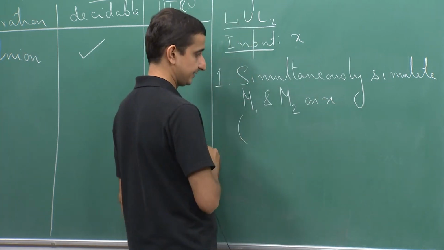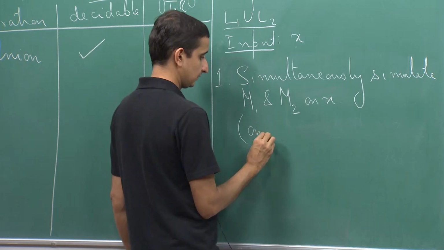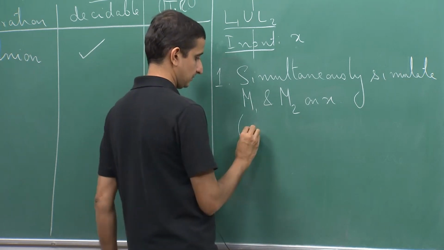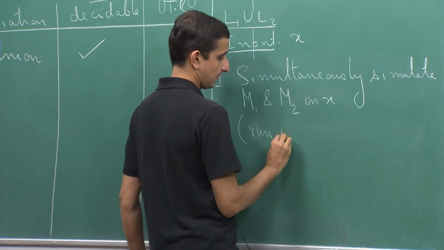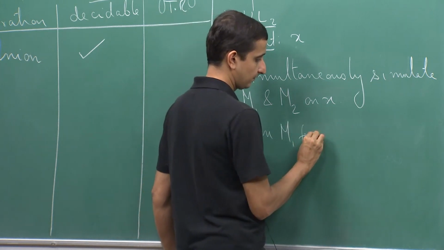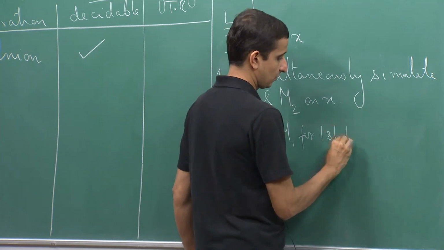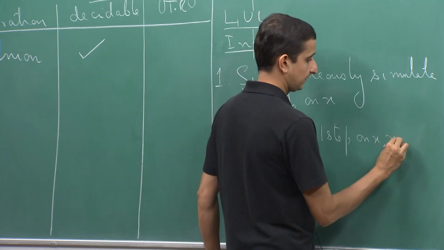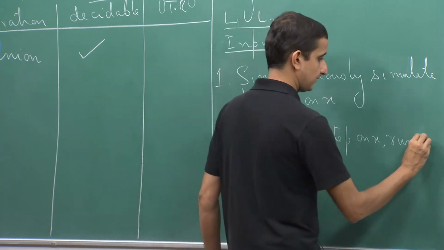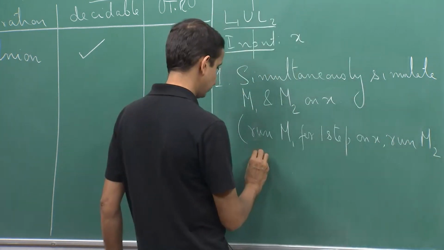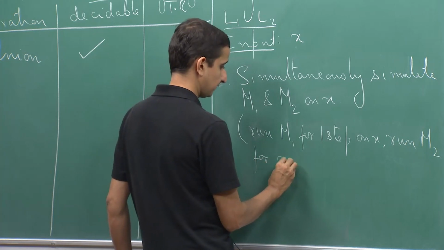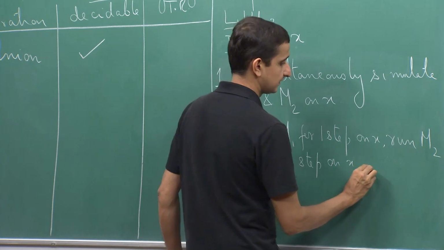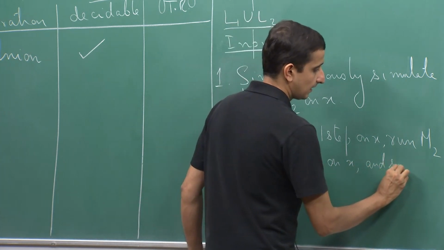In other words, run M1 for one step on x, then run M2 for one step on x, and so on.